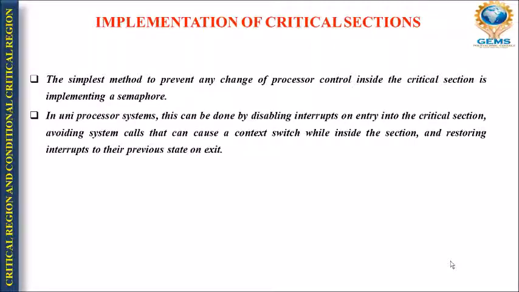We disable the other processes so that they cannot go into the critical section, and it will be done with the help of the semaphore only. Avoid the system call, which can cause context switching while inside the section. So we will also stop the system call, because if there is a system call there will be context switching, and if there is context switching, the process that is already executing in the critical section will have to be left. That is why we disable the interrupt as well as avoid the system call.